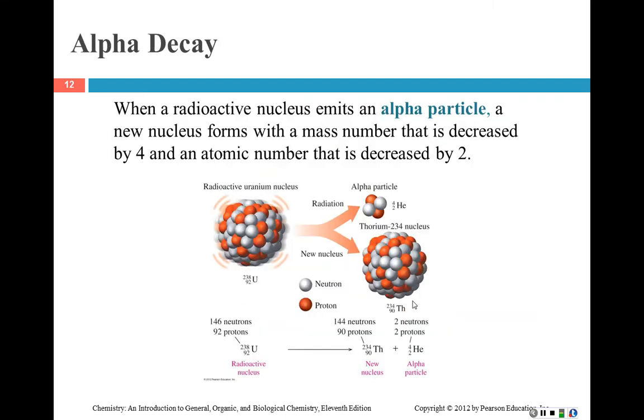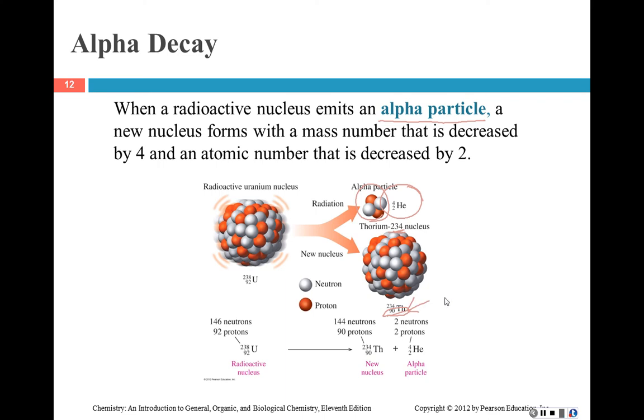So when the radioactive nucleus emits an alpha particle, a new nucleus forms with a mass that is decreased, because remember your alpha particle is this. So what's formed is going to lose 4 mass and 2 atomic number and form something new that has, definitely, a different characteristic, because it's going to be a completely new atom.